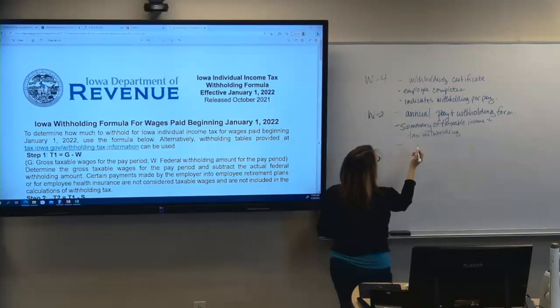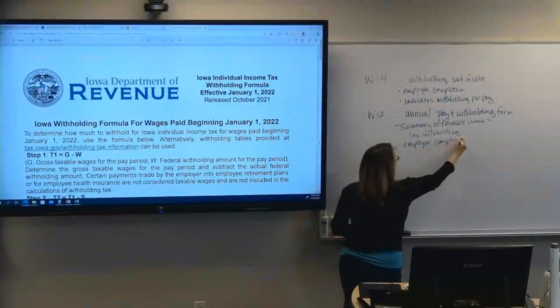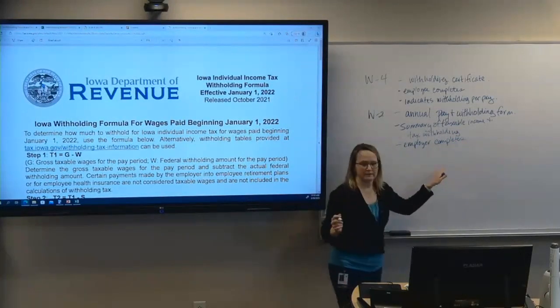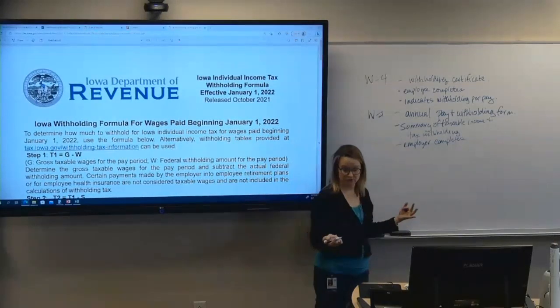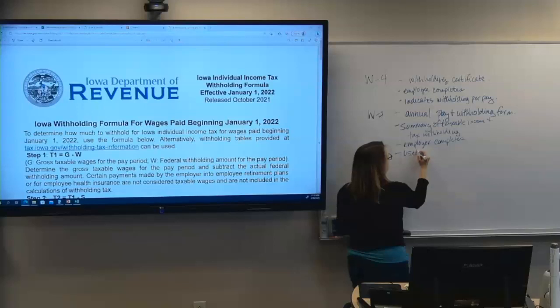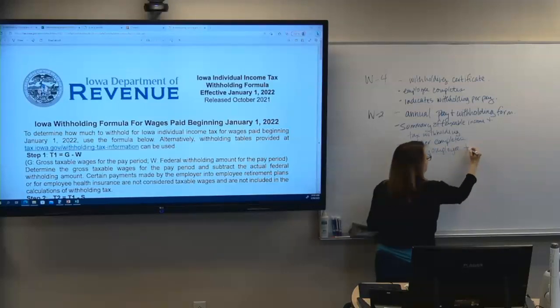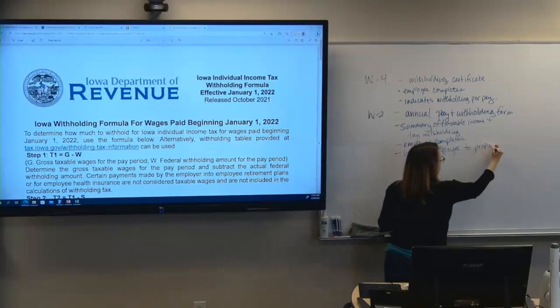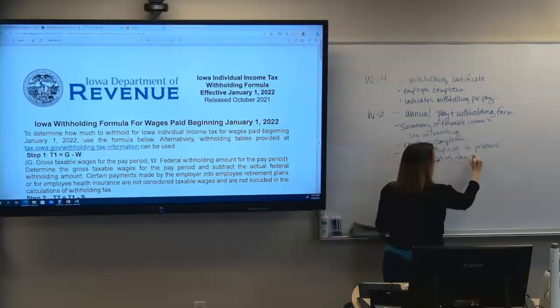The employer completes this. And they give a copy to the employee. It's used by the employee to prepare their individual tax return, right?